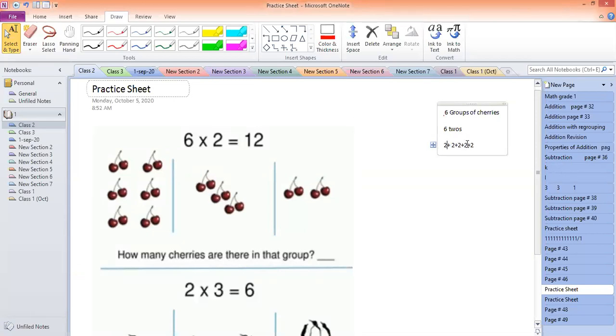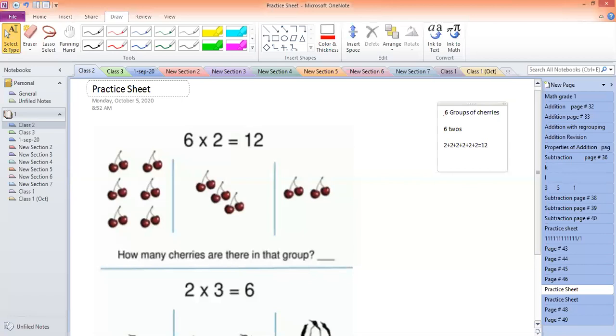I will add 2 six times because 1, 2, 3, 4, 5, 6. And 2 plus 2 is 4, 4 plus 2 is 6, 6 plus 2 is 8, 8 plus 2 is 10, and that will become 12.